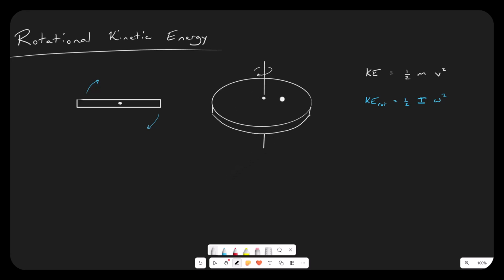If I have an object that's spinning, I'm going to have a half I omega squared type of rotational kinetic energy. If I have an object that's moving along, I get this half mv squared.